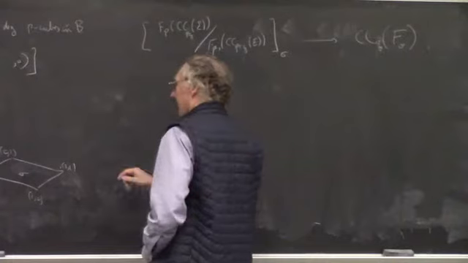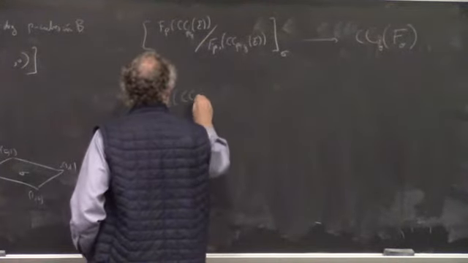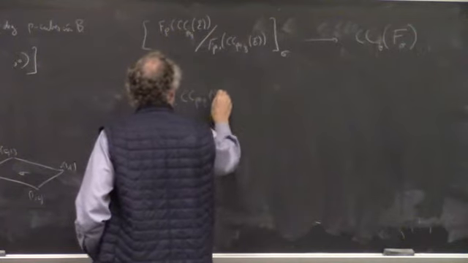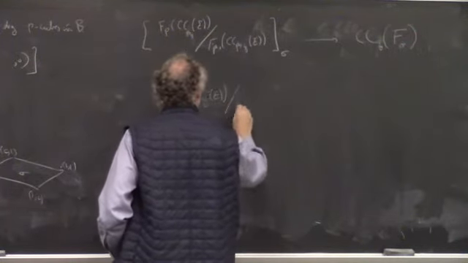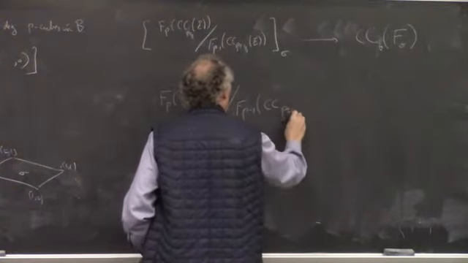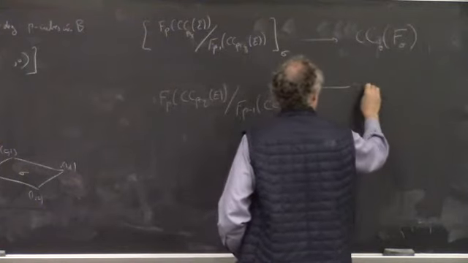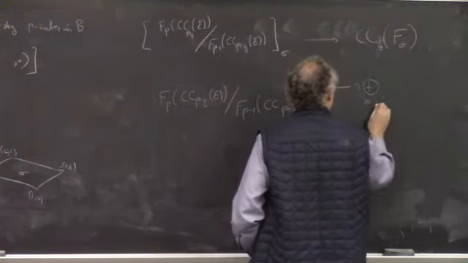So then taking the direct sum, we get a map of F_P into the direct sum over sigma.